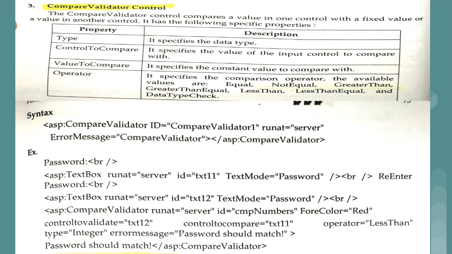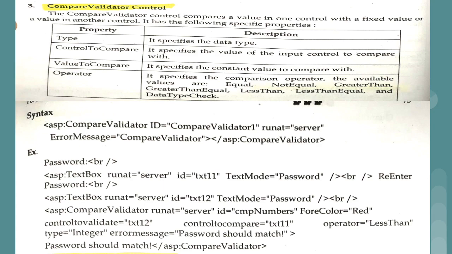It has a type property, which means integer, string, date, like that we have type values. The next property is control to compare. This is a new property and it is only associated with the compare validator. Then there is value to compare. We have two options. Most of the time we make use of control to compare only.